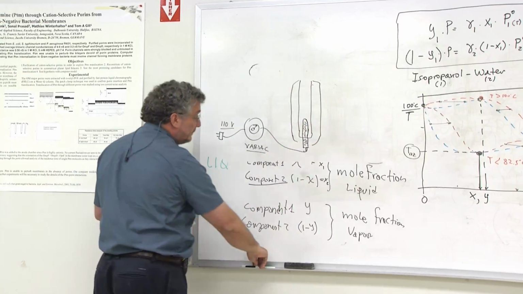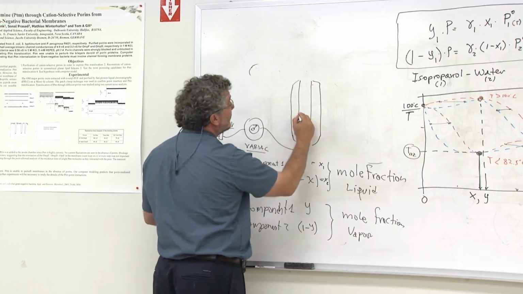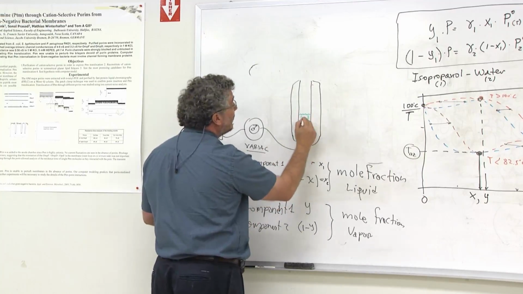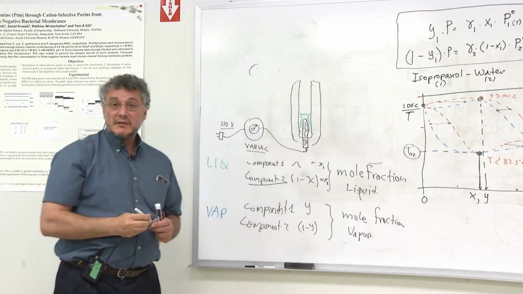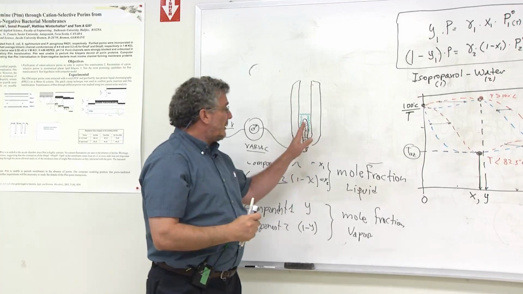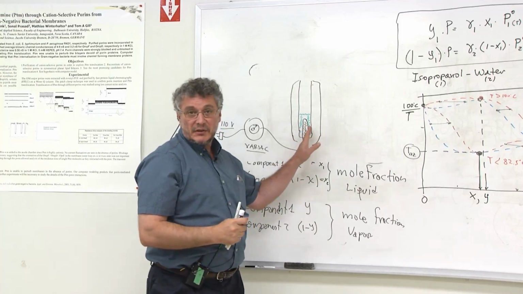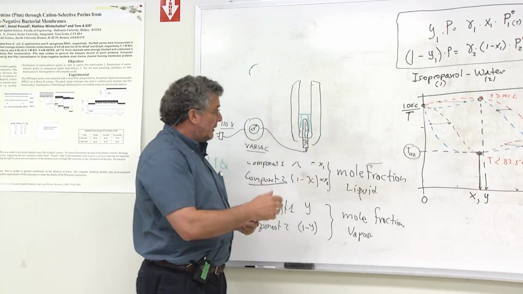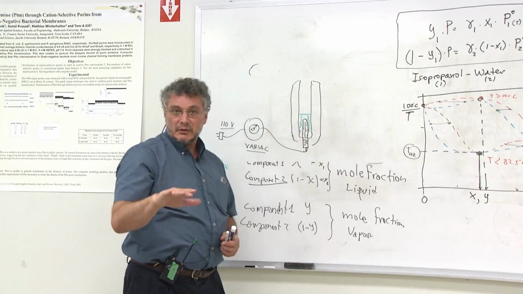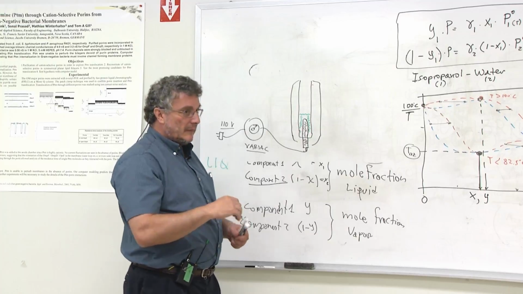The mixture is loaded here so that it covers that glass. And it's very important that it covers it because there is nothing here to turn off this element if it gets too hot. So when it's covered, then the boiling will take away the heat and will keep the temperature of that element moderate.